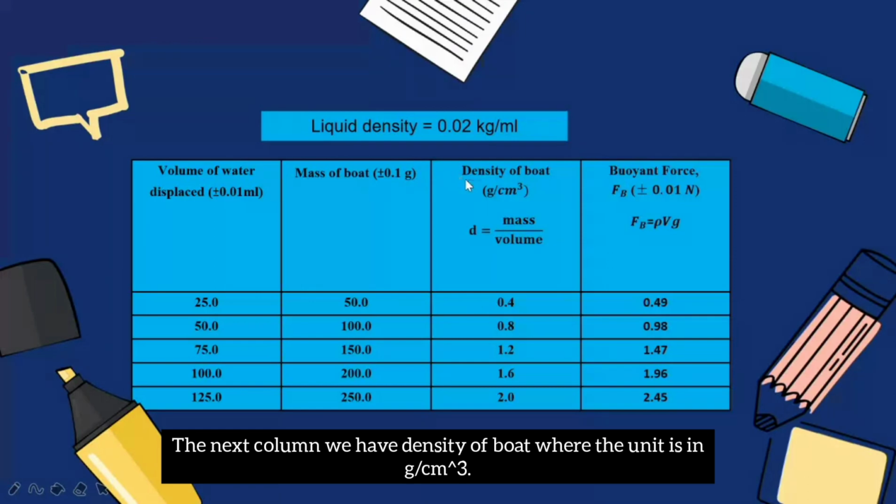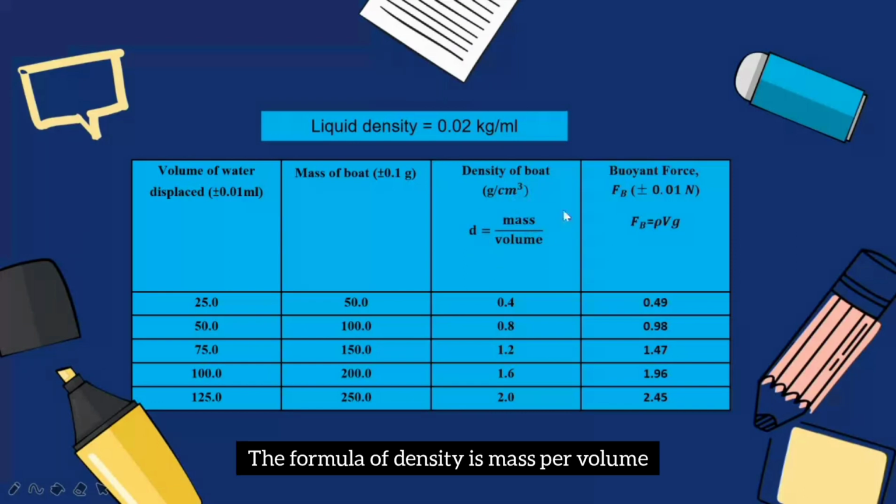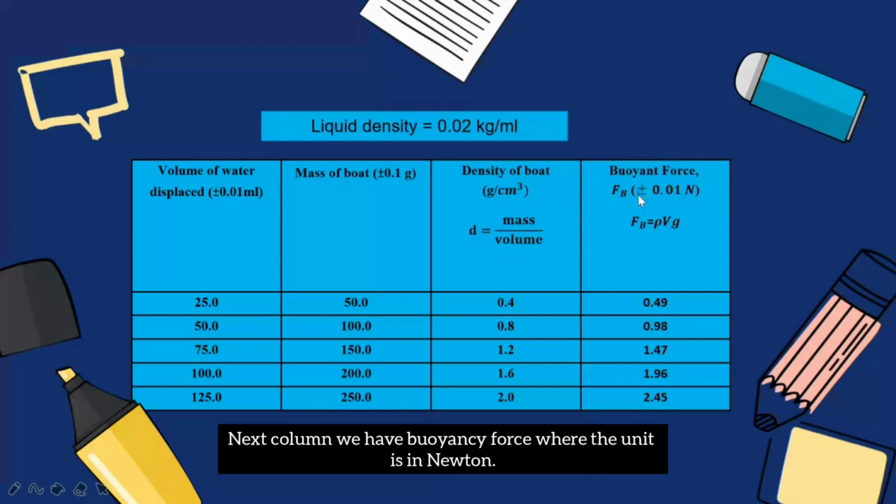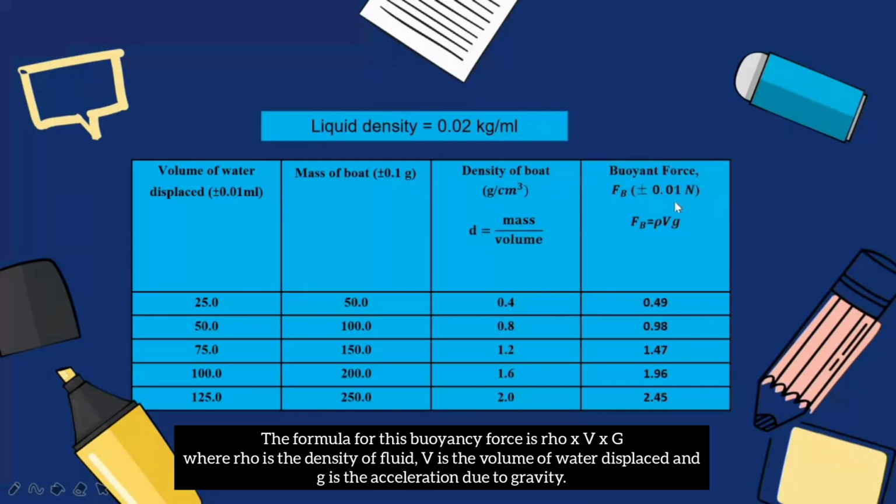The next column is the density of boat or density of object, where the unit is in grams per cubic centimeter. The formula of this density is mass per volume. The next column is buoyancy force, where the unit is in Newtons. The formula for this buoyancy force is ρVg, where ρ is the density of fluid, V is the volume of water displaced, and g is the gravitational acceleration.